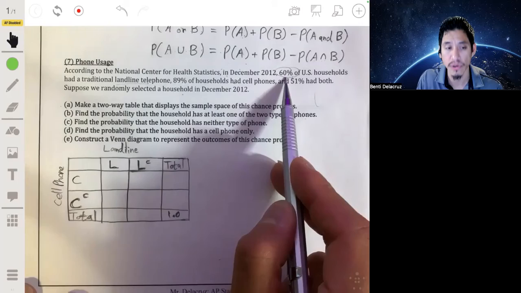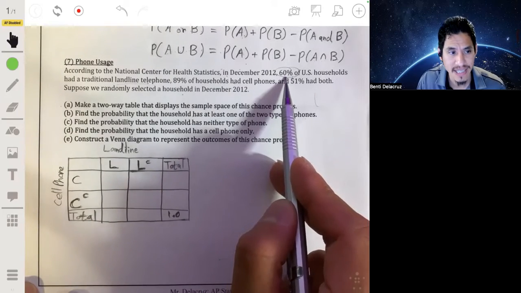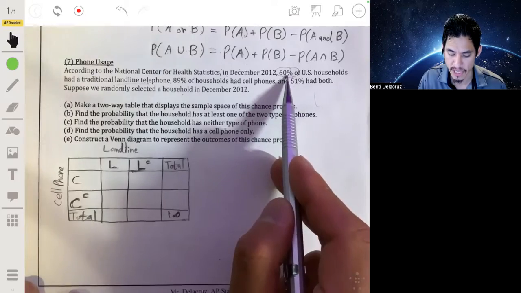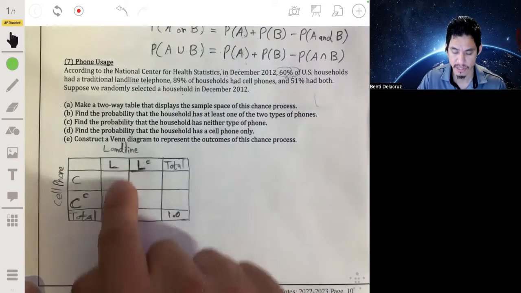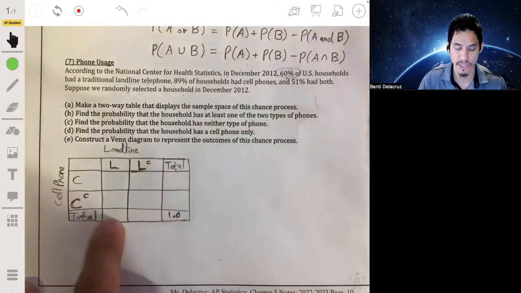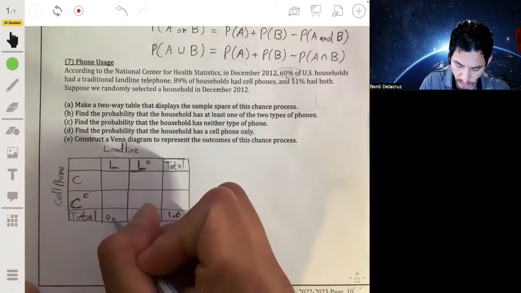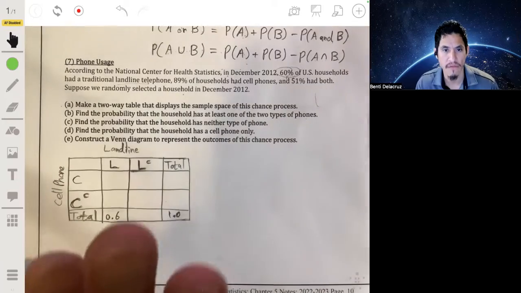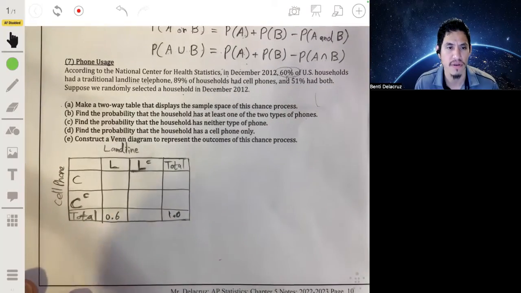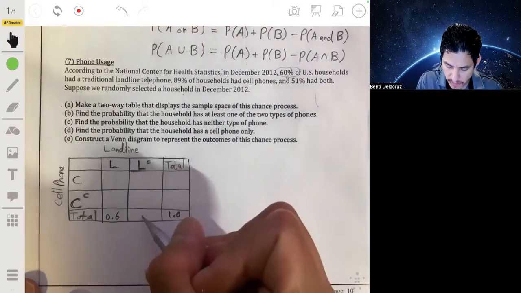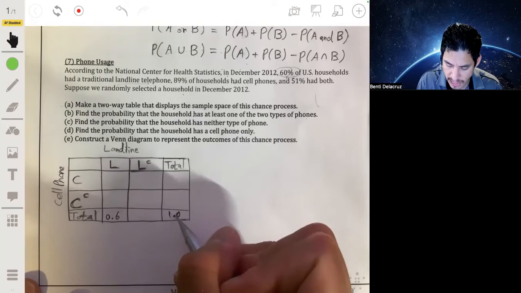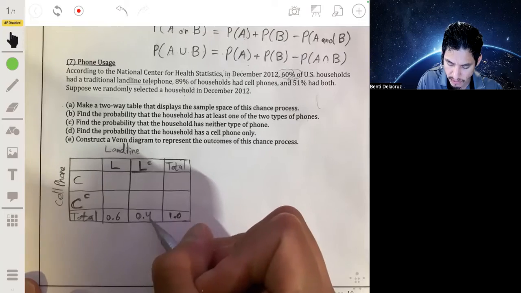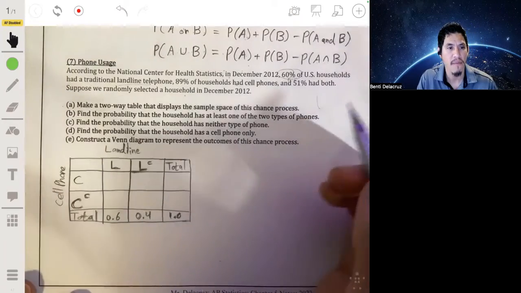So this means the total of landline telephone ownership is 60% or 0.6. So I look at this first column because this gives me information about landline ownership, and the total here is 0.6. That tells me 60% of the people own landline telephones. And then from here, I know it has to add up to 1, so I know here is 0.4. So I already have that one filled out.